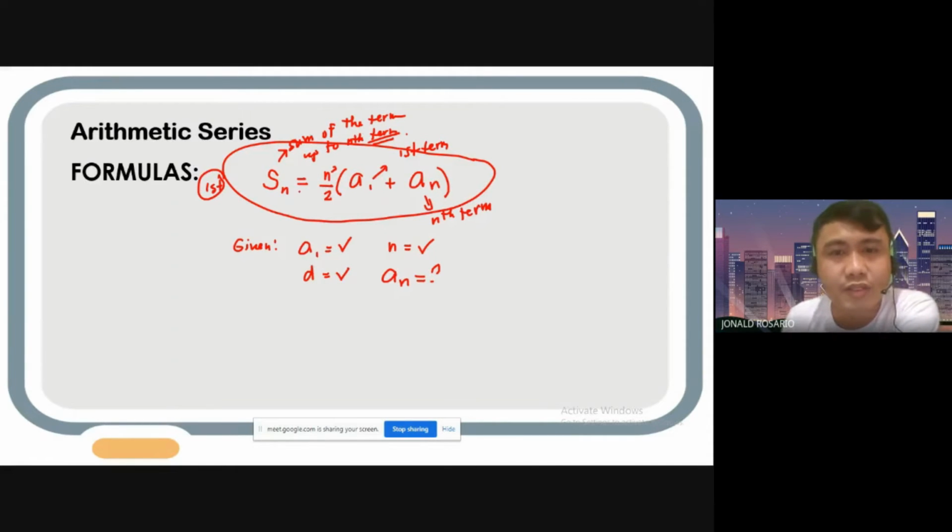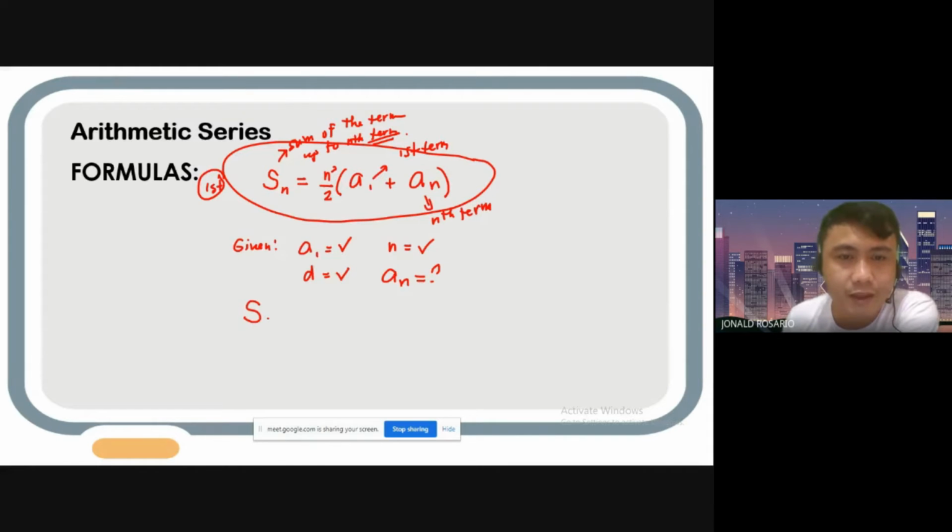We cannot use this formula, because it is used only when we know n, the first term, and the nth term. So when we don't know the nth term, we have another formula.